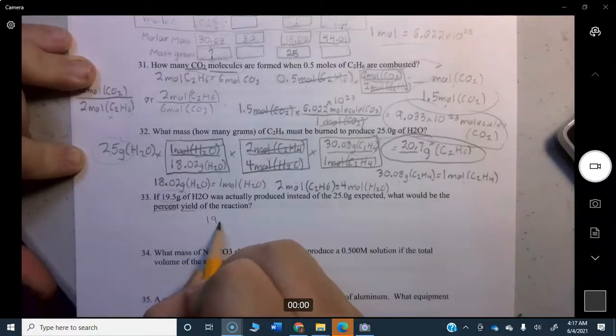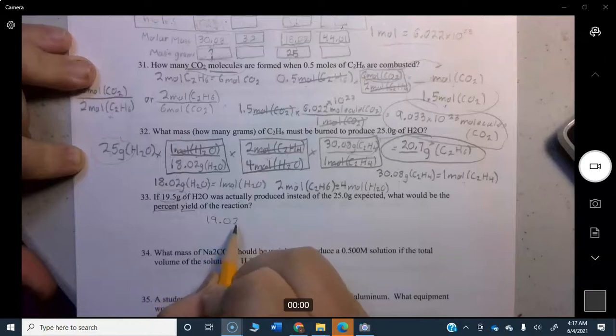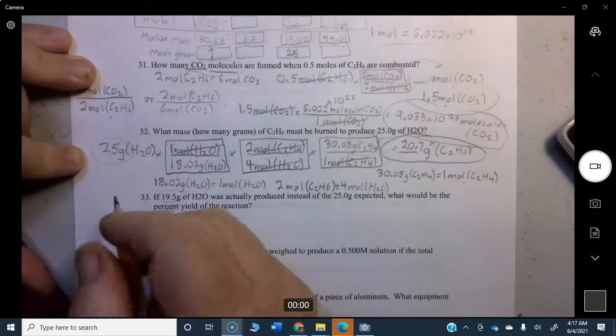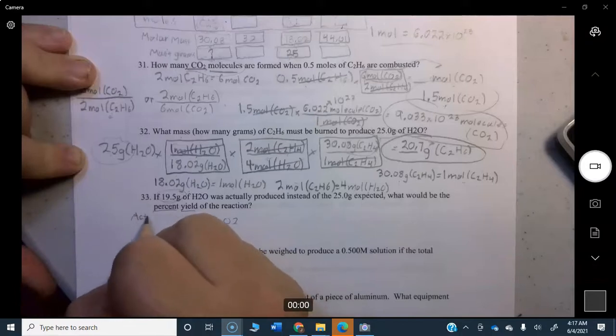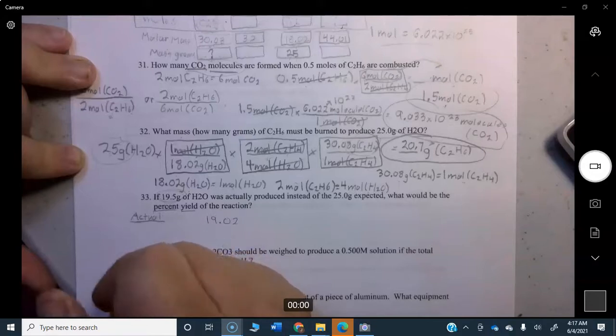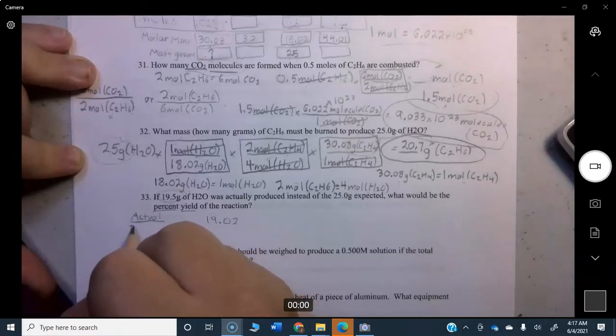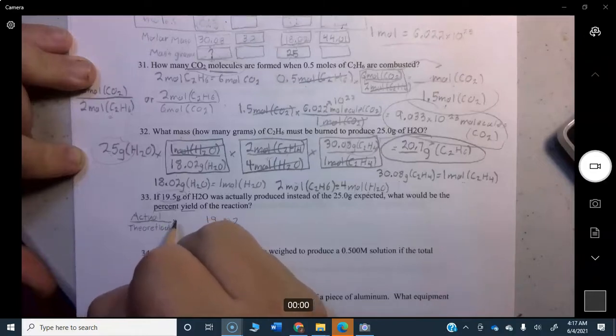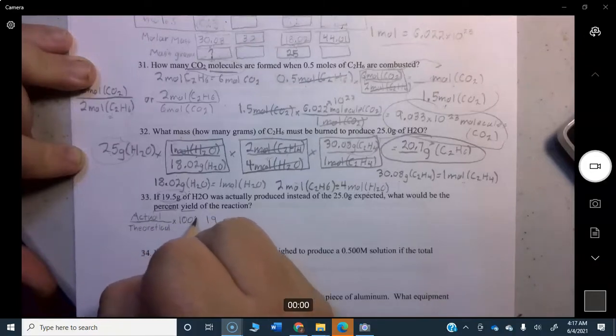It's 19.5, what we actually got. Let me actually write the formula. It's actual over theoretical. It's sometimes called theoretical. That means that's what in theory you should have gotten. Times 100%.